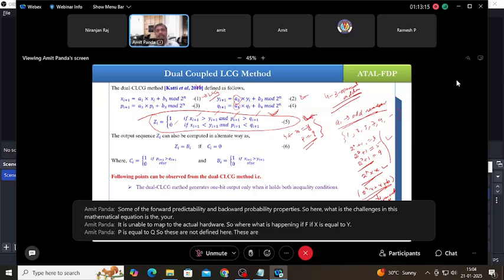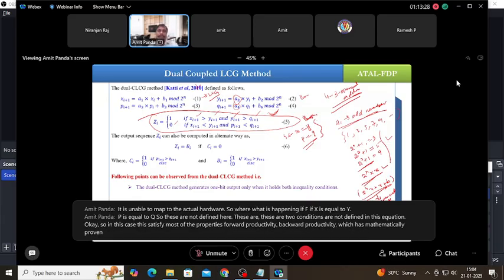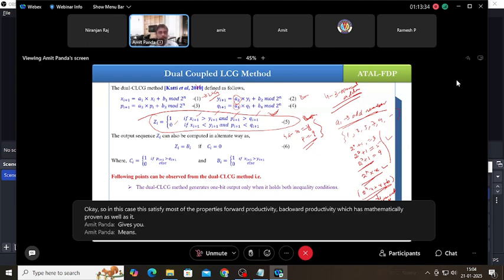These two conditions are not defined in this equation. This satisfies most of the properties, forward predictability and backward predictability, which are mathematically proven, and it gives a highly random sequence. But the problem is complexity.